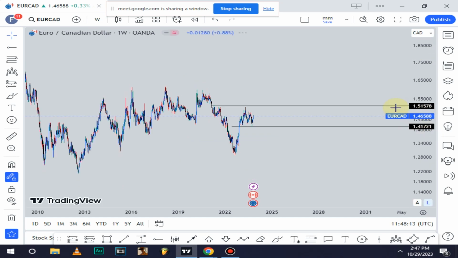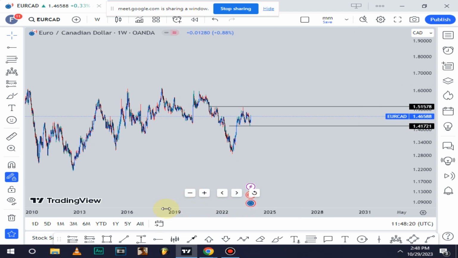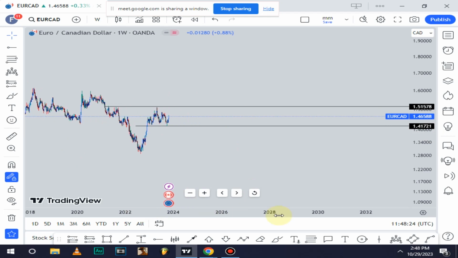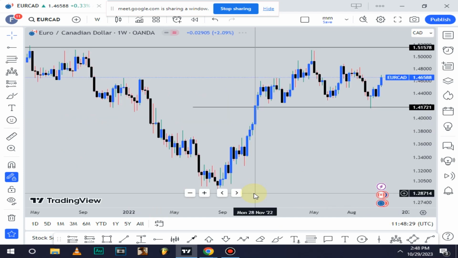Which trend line? Zoom out the candles. Should I zoom in or zoom out? Like reset the chart. That's the reset.